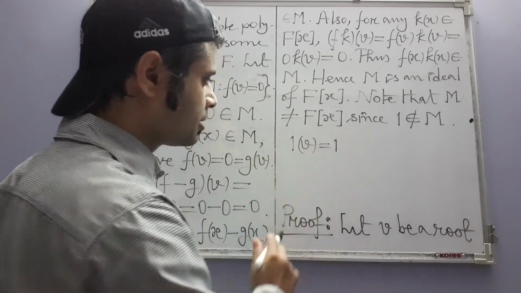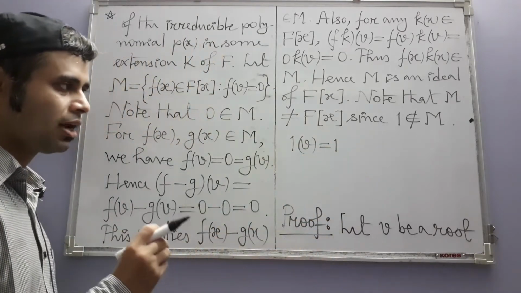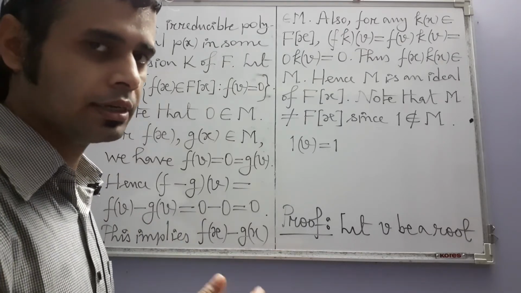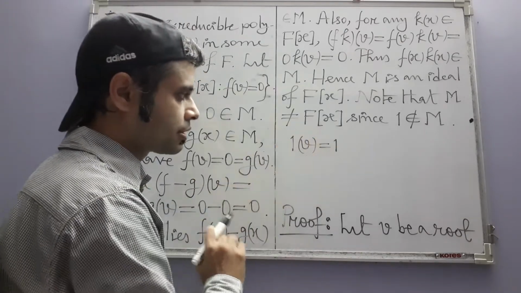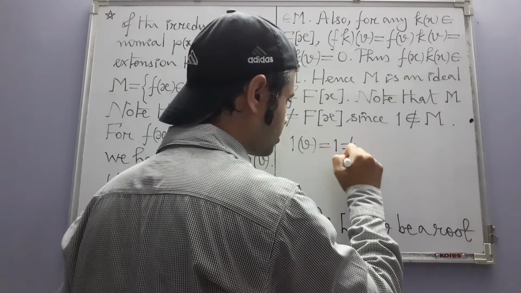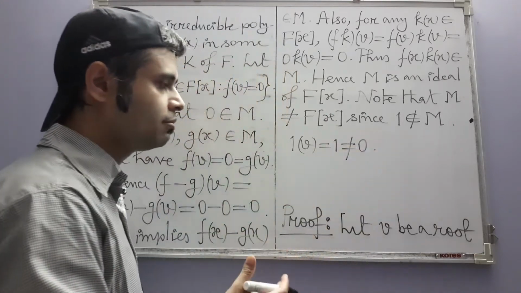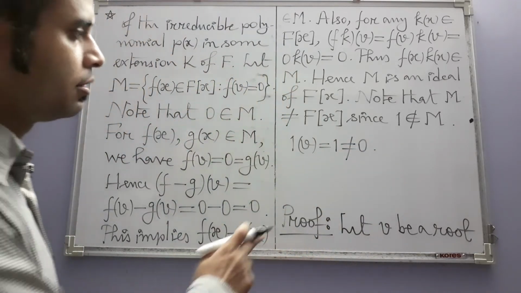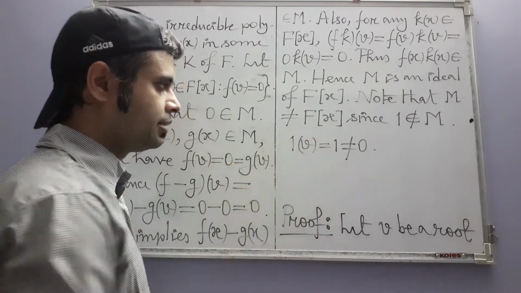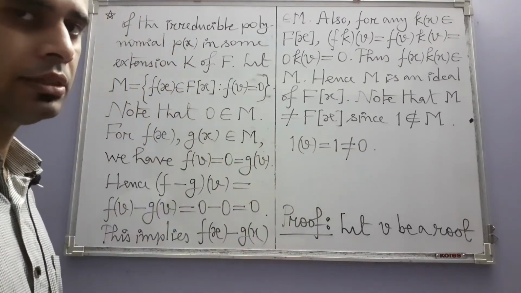You get 1 itself, because any constant you evaluate at anything in the field, you get that constant itself, and that is of course not equal to 0, because we are in a field. In a field, the multiplicative identity and additive identity have to be different.